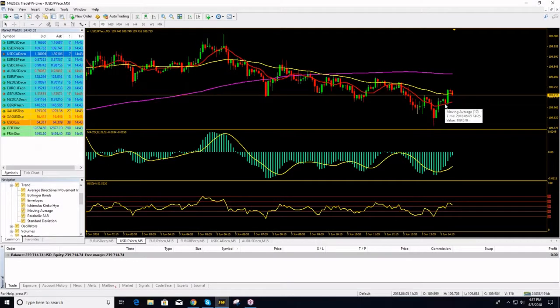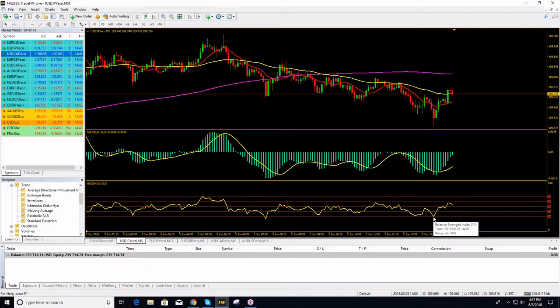Now, for dollar yen, what is interesting is that the RSI became low. It has found support on the 30 line, and then returned back. So what I'm expecting now on dollar yen, I'm not rushing to enter a long position, even though I know that most probably this will go up.